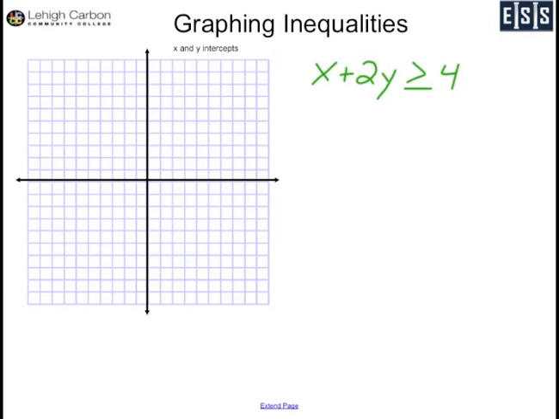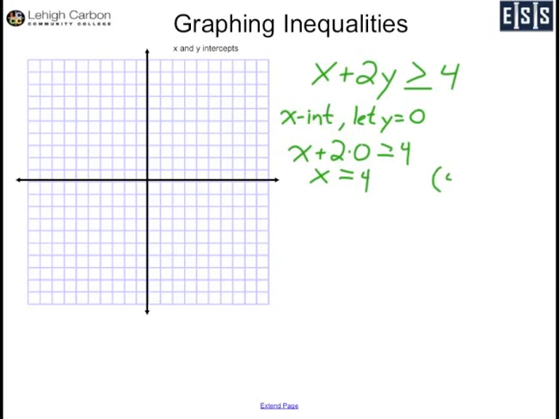Now we have x plus 2y is greater than or equal to 4. This time I'm going to use my x and y intercepts. X-intercept, let y equal 0. X plus 2 times 0 equals 4. X equals 4.